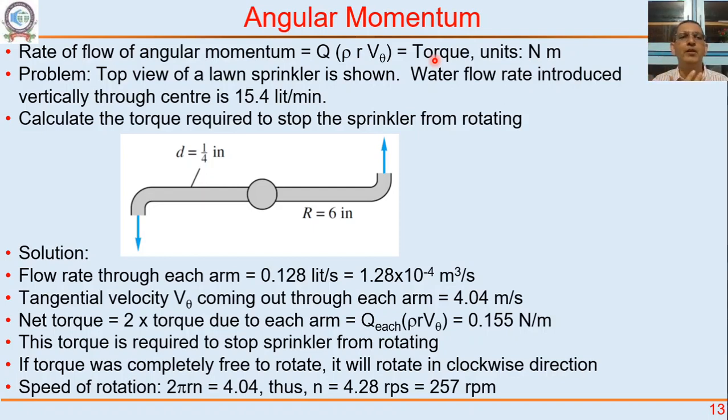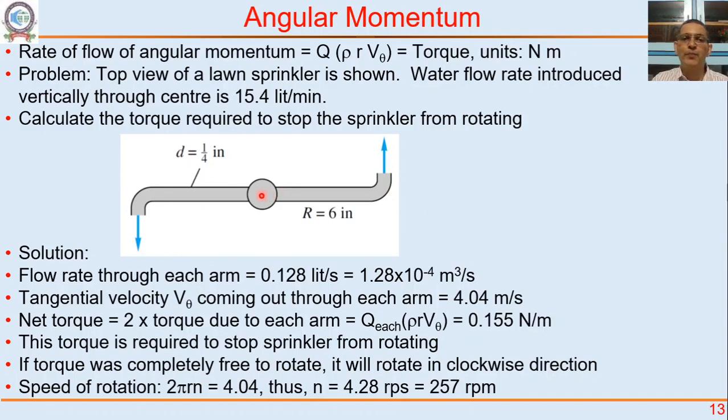the fluid. So imagine this is the top view of a lawn sprinkler. So this is a sprinkler, these are the arms of the sprinkler. We supply water here. This water splits into two parts and comes out. Okay, so water is coming out in the tangential direction, theta, around the axis.